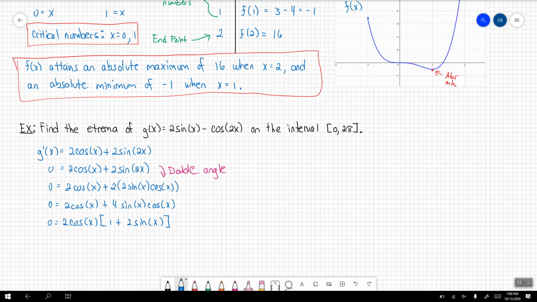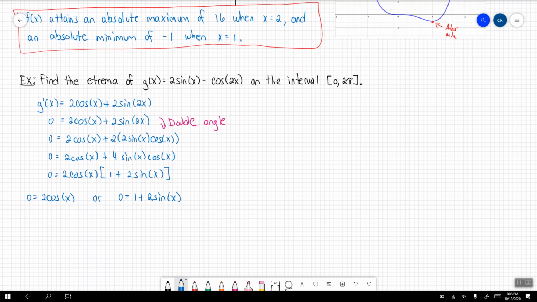And again, this whole product is now equal to 0. So what we're going to do is set each factor equal to 0. So we're going to set 0 equal to 2 cosine of x, or 0 equal to 1 plus 2 sine of x. What this gets us is that cosine of x must be 0.